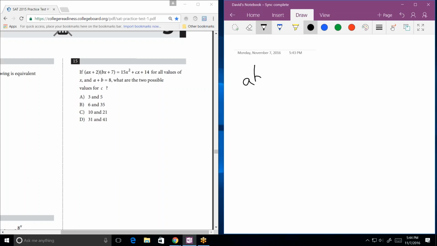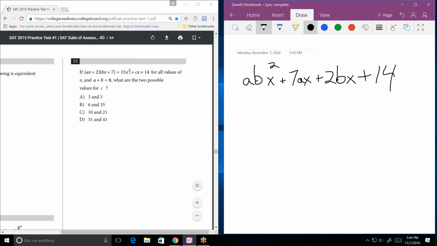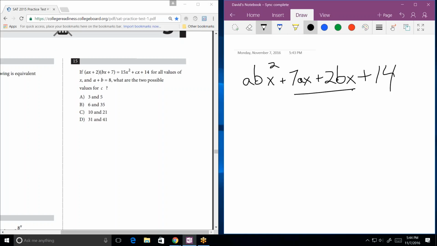abx squared plus 7ax plus 2bx plus 14. Now we're told that that's equal to that. Well, I can combine those two middle terms.